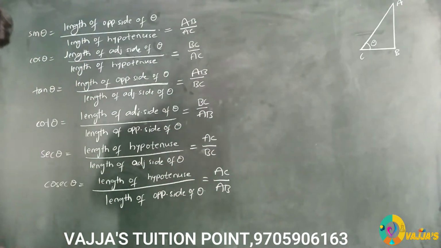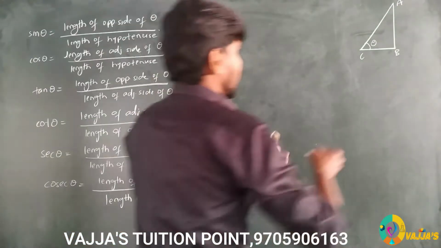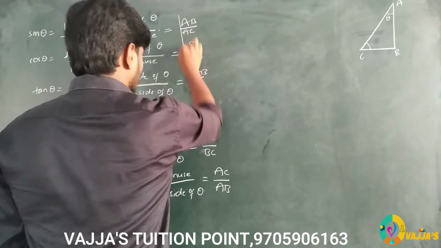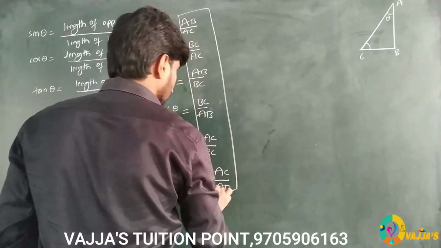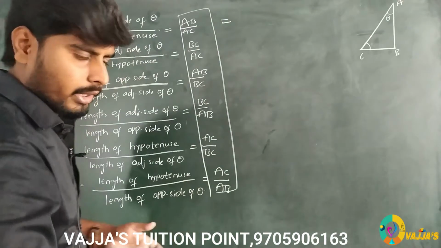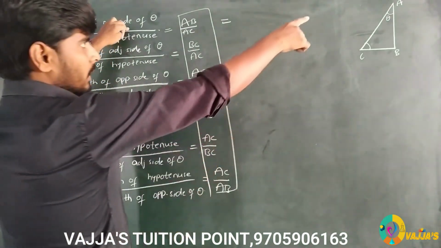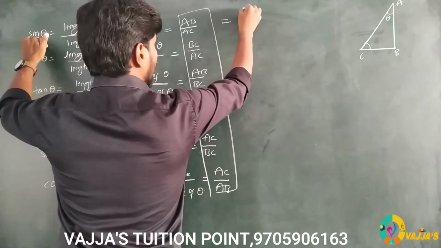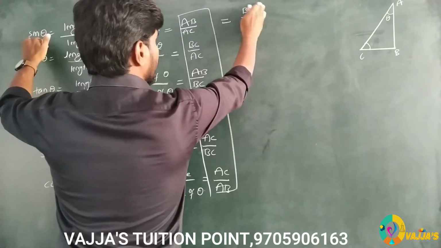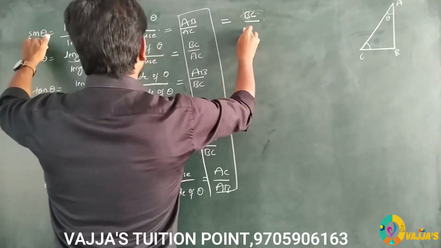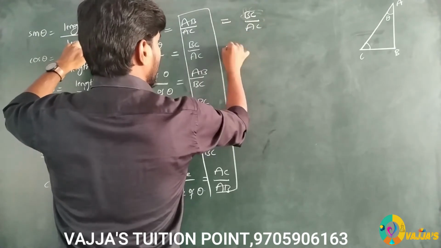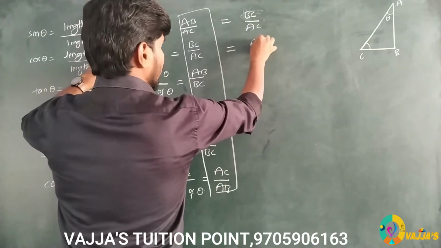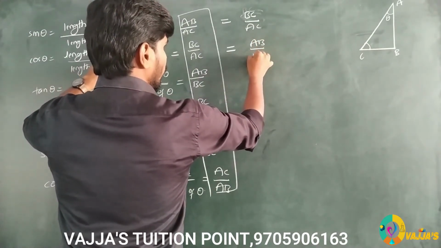Okay, if for example your theta is here, what is the ratio now? The ratio is like this. Look here. Theta is at A. Now the ratio of sin theta becomes opposite side BC by hypotenuse AC, which remains the same, and cos theta is adjacent side AB by AC.